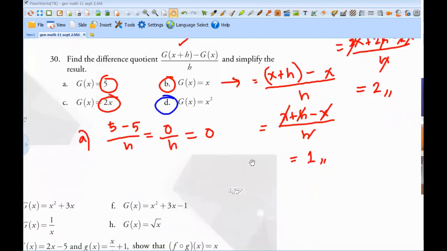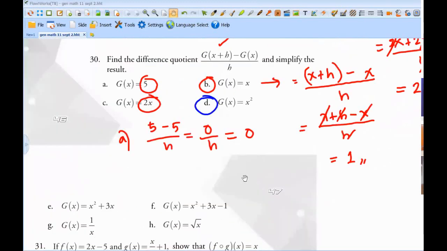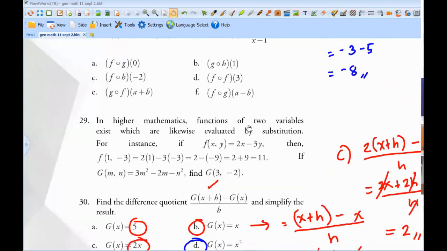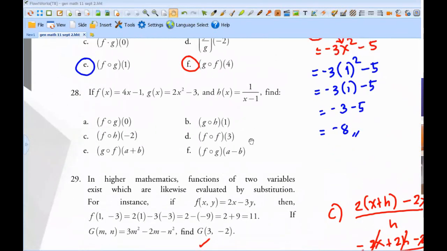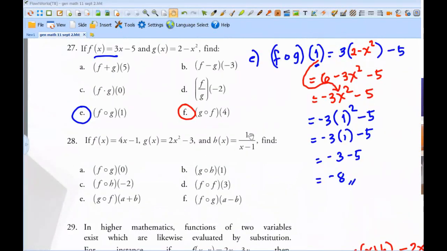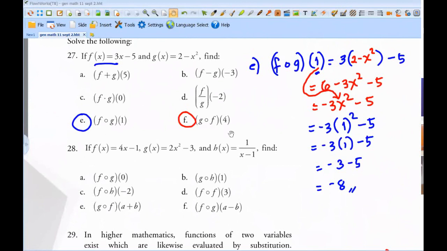So what else? So number 30D. So number 27F. Number 28. So I'll solve E first before you have to solve the value of F, right?